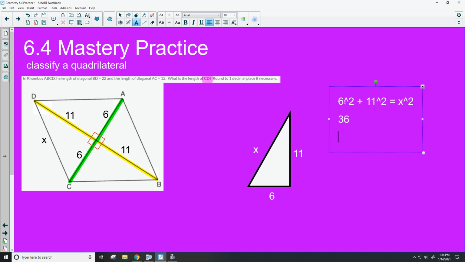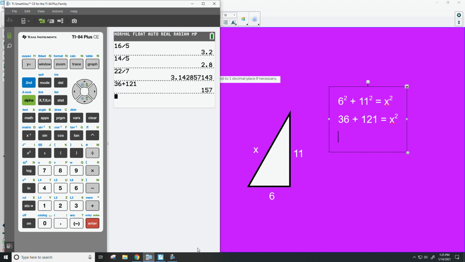So that's 36 plus 121 equals x squared. 36 plus 121 is 157.